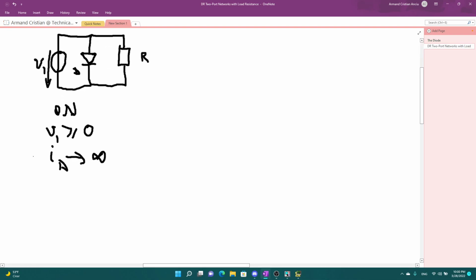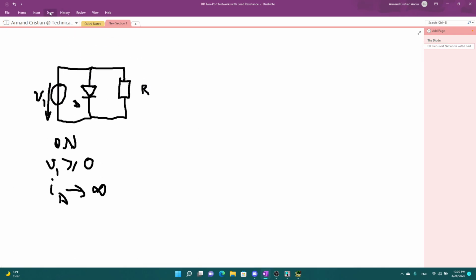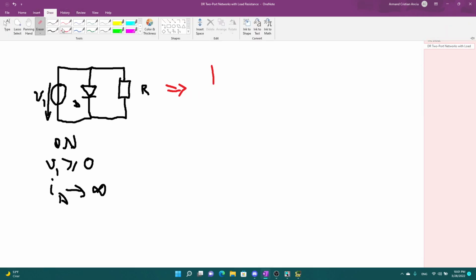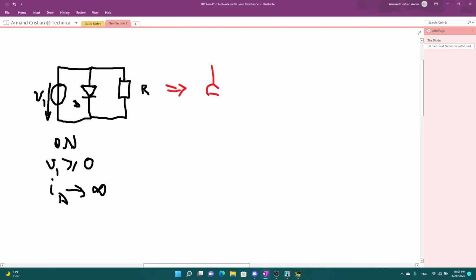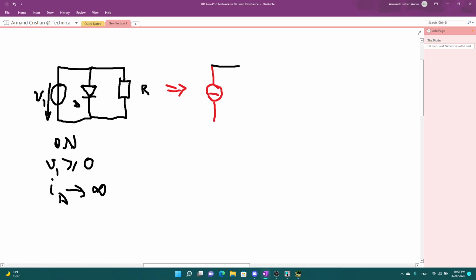The solution to this problem is to use instead a current source. So by using a current source, as I'm showing you now, things are changing. If we're to use a current source instead, this circuit would work.